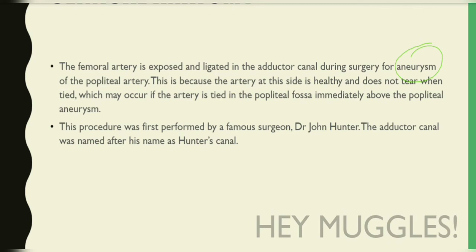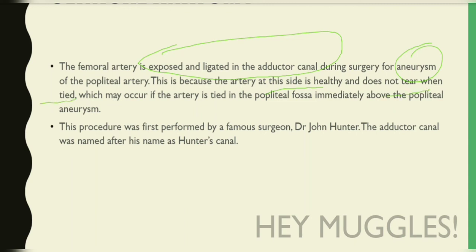So if there is an aneurysm in your popliteal artery, the femoral artery is exposed and ligated in the adductor canal itself during the surgery. This is because the artery in the adductor canal is healthy and it won't tear when it is tied.